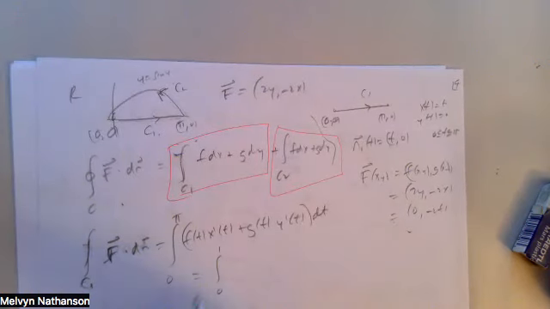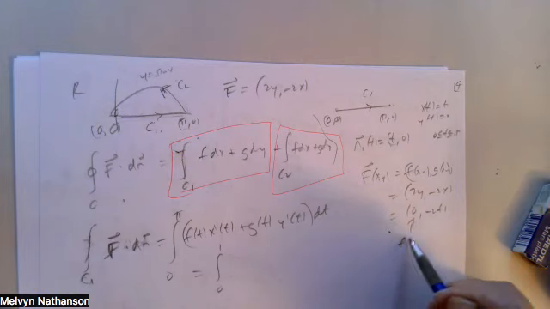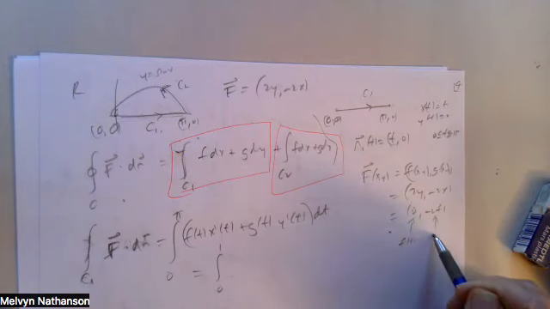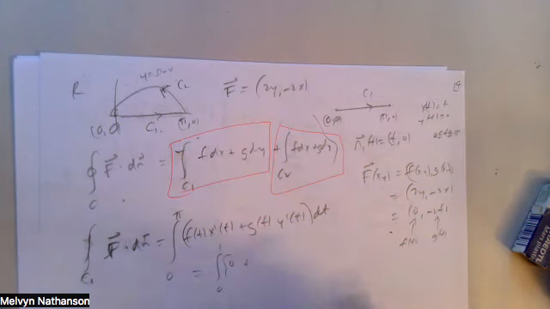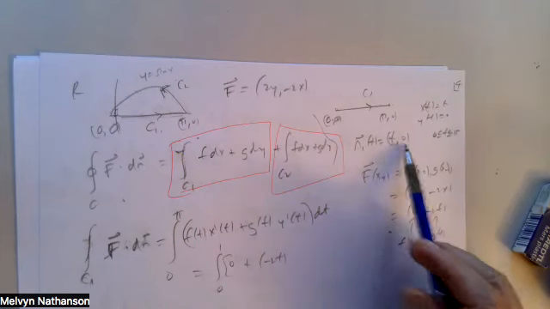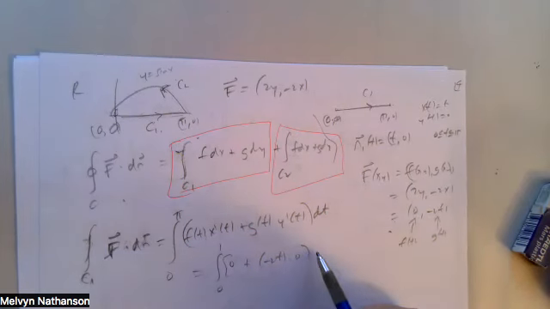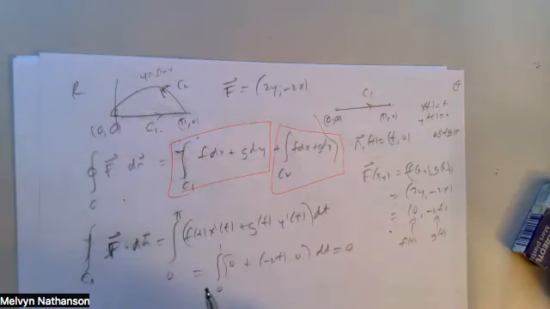It's the integral from 0 to pi. f of t is 0. g of t is minus 2t. So this is 0 plus g of t, minus 2t, times y prime of t. But y of t is 0. So this is 0 plus 0, which is 0. So the integral along this line of this vector field is 0.